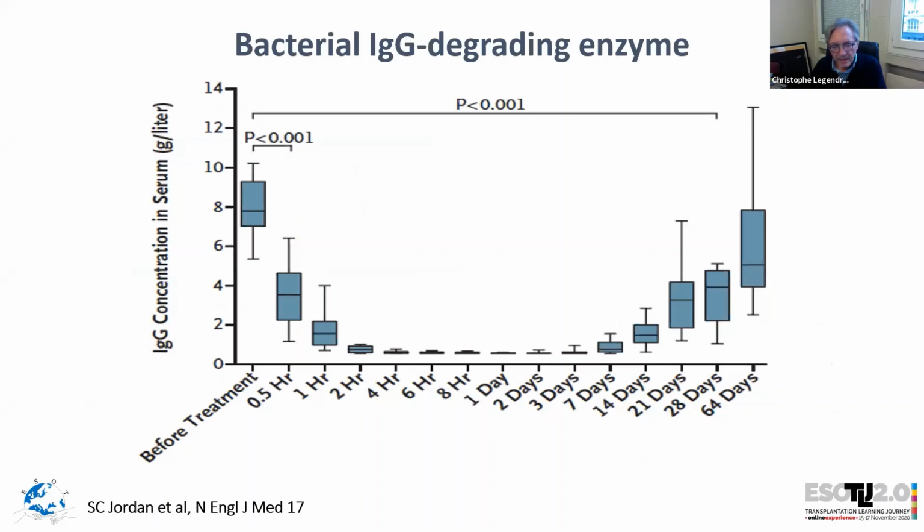So probably the most interesting drug we have now, next slide, is this bacterial Ig-degrading enzyme, IdeS or imlifidase, because this drug cleaves the IgG, and you see that after a few minutes or hours, in the blood of the patients, there is no intact IgG. The IgG has been cleaved, and this stays for a small week, 3 to 7 days.